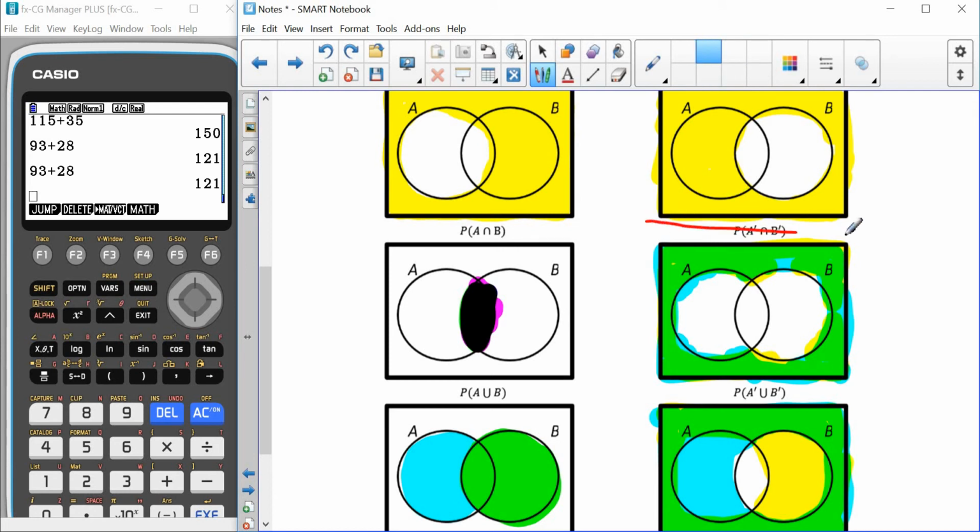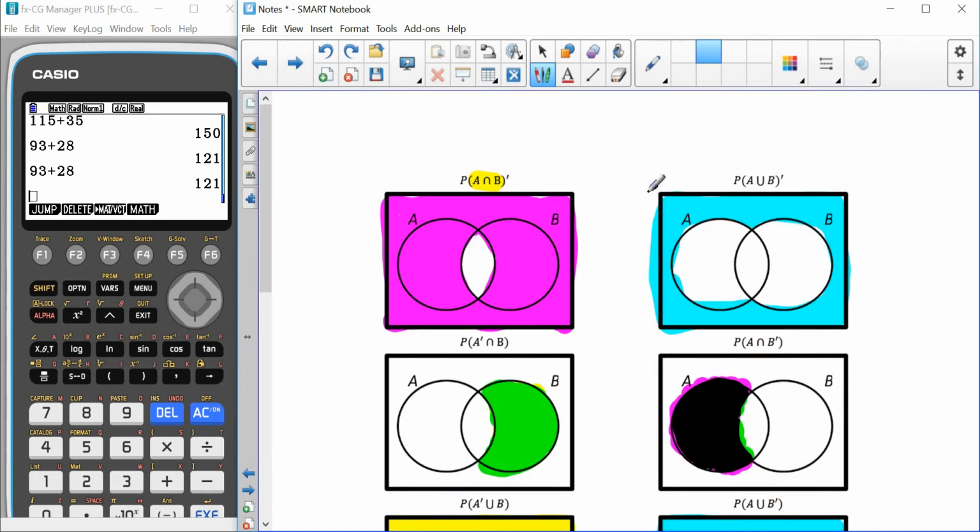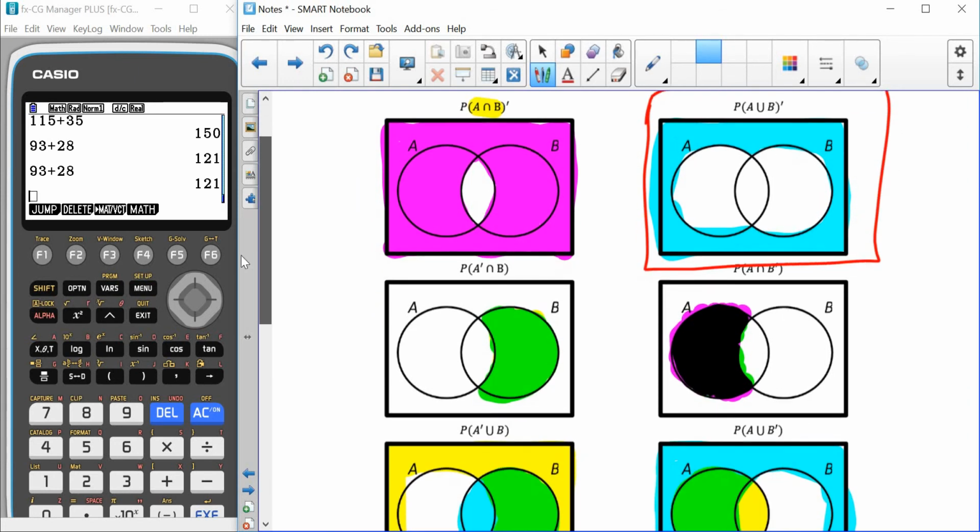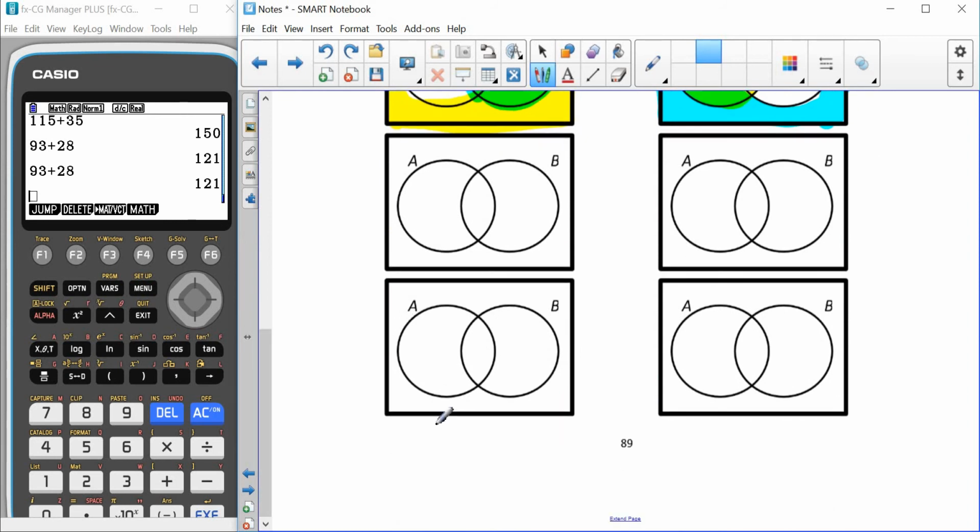So it's this one here, not A and not B, is exactly the same as this one here, A or B not. And this is because of a very important principle that also comes up if you study computer science with logic gates. If we have the probability of A or B not, this is the same as the probability of not A and not B.